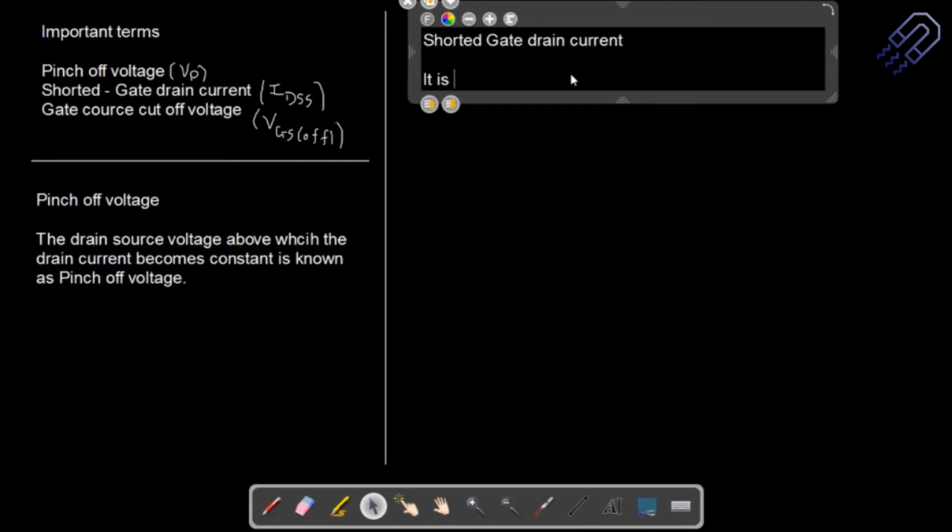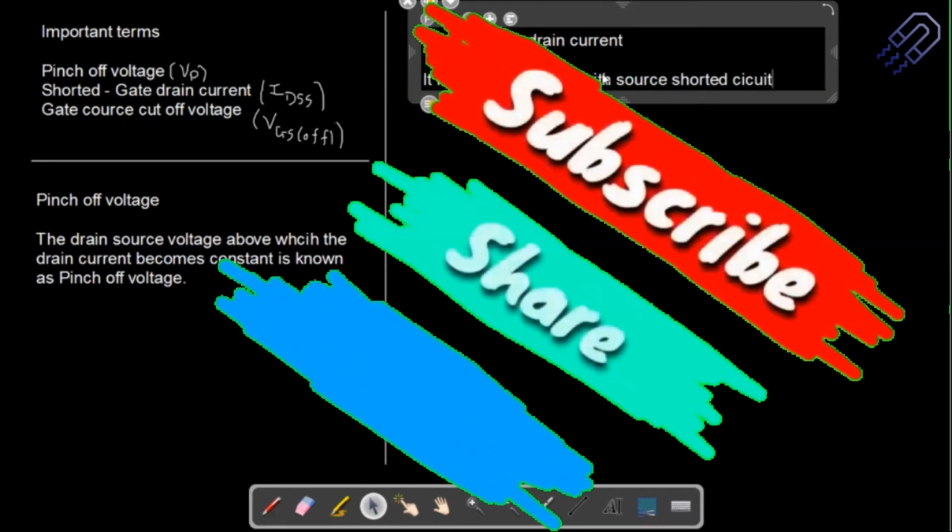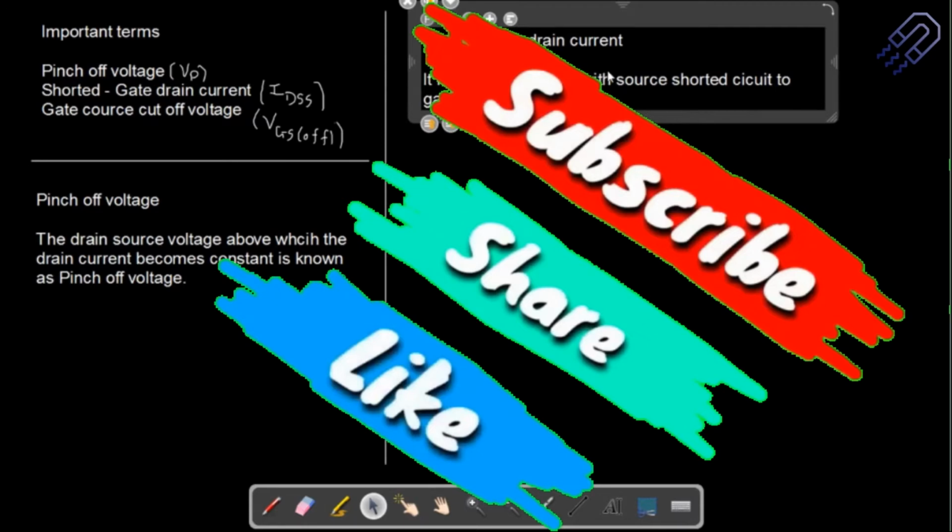It is the drain current with source short circuited to the gate. So the gate source voltage is basically shorted.